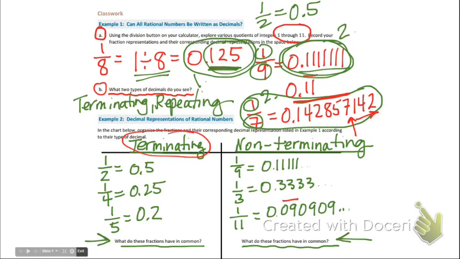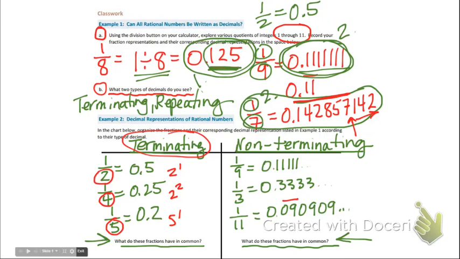As you can see over here, the denominator is 2, and of course 2 is 2 to the first power. 4 is 2 to the second power, 2 squared. And 5 over here is 5 to the first power. So all of those have 2 or 5 as factors.